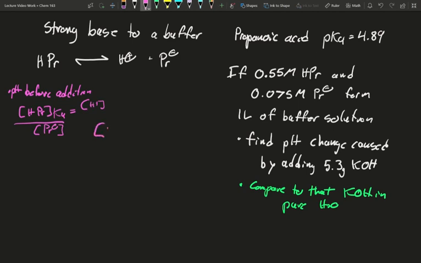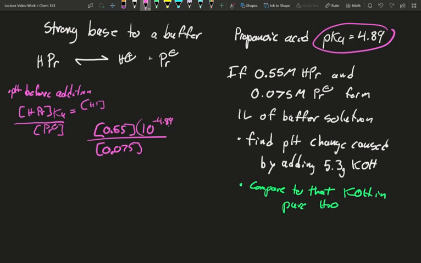Our acid, 0.55. Our base, 0.075. And our Ka, well, I don't have that right away, but I do have pKa, which 10 to the negative pKa will be the Ka, so 10 to the negative 4.89.